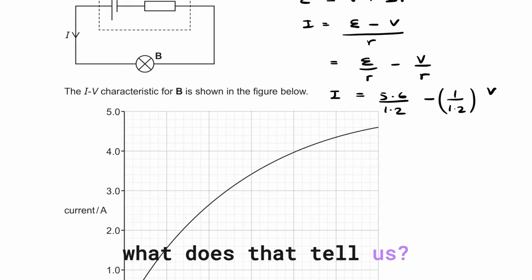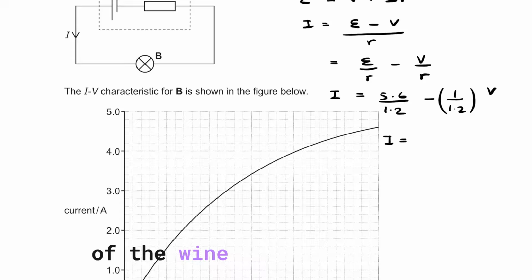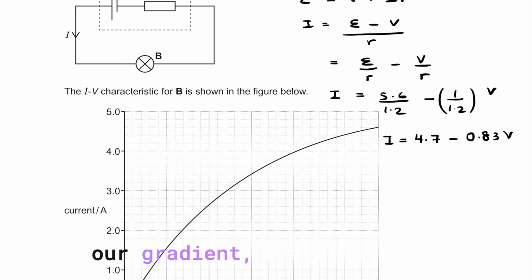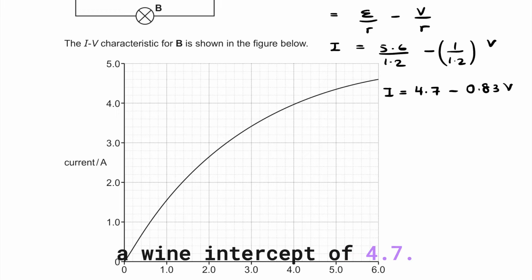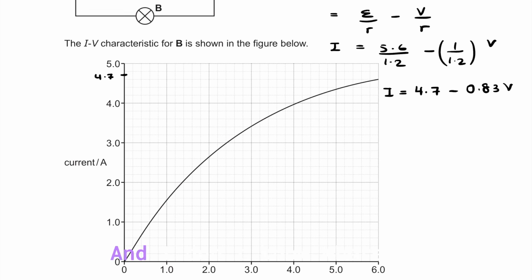What does that tell us? That can give us the value of the y-intercept, which is 4.7, minus the value of our gradient, which is 0.83. According to this equation, it will have a y-intercept of 4.7, so that's roughly here. I don't know where it would cross the x-axis, so let's find that out when current is 0.